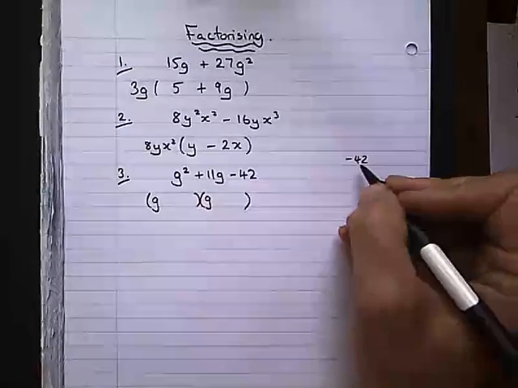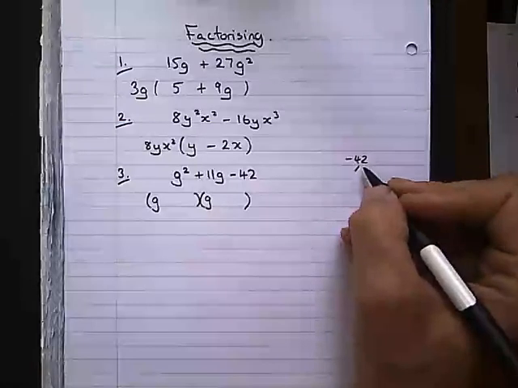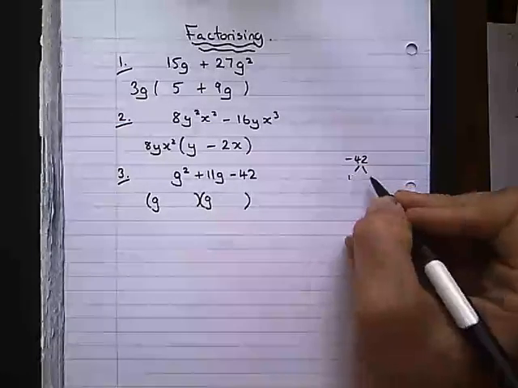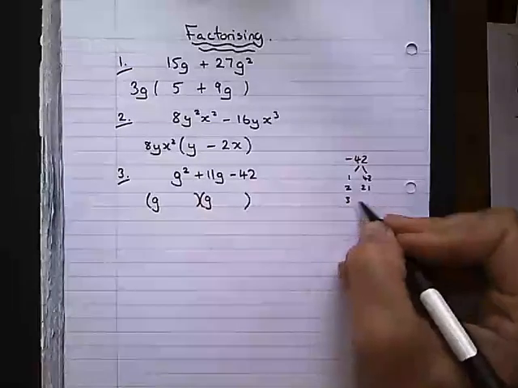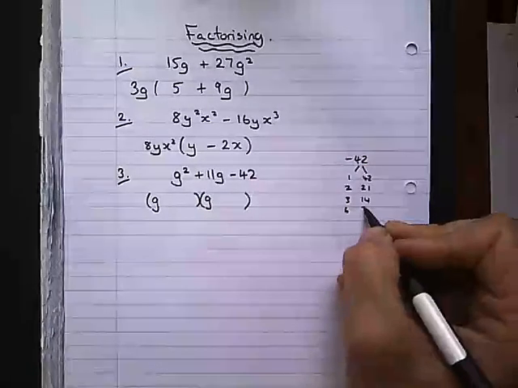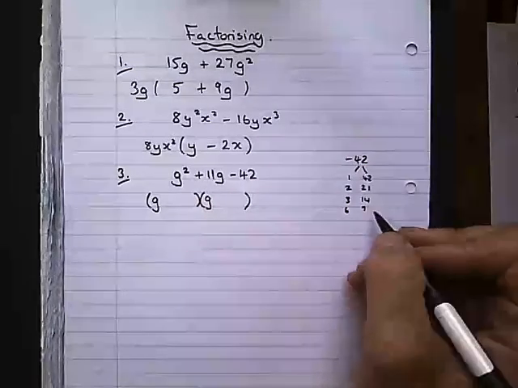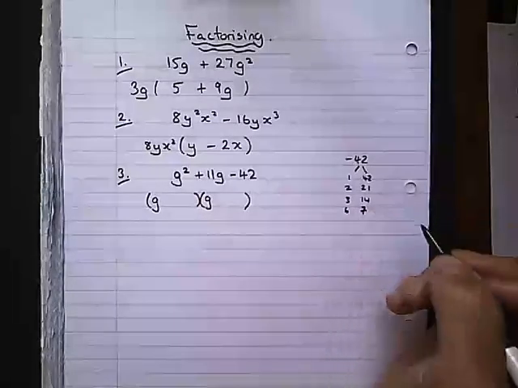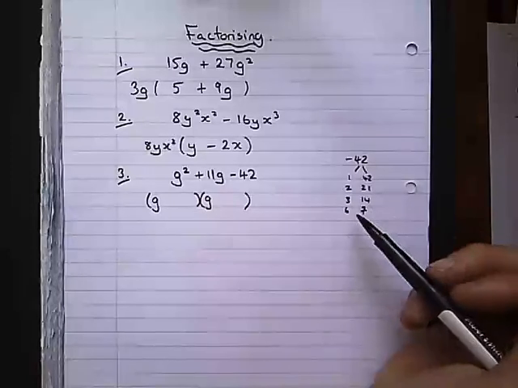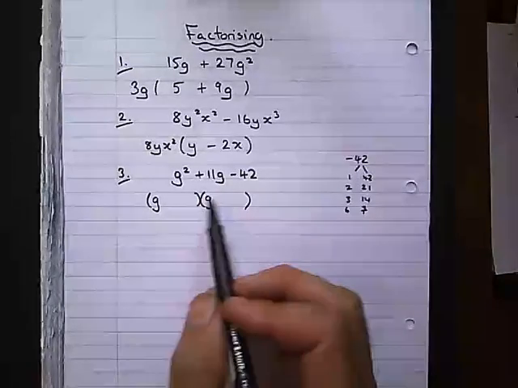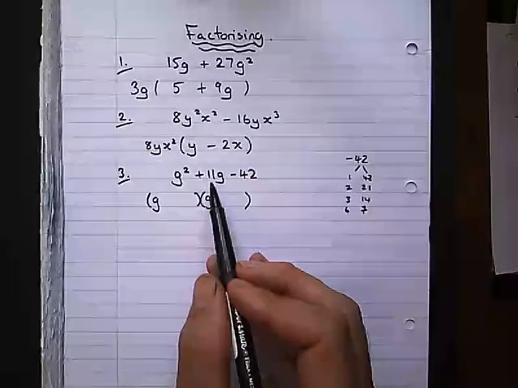So let's have a look at the numbers that multiply to make minus 42. One's going to have to be a positive and one's going to have to be a negative. We've got 1 and 42, 2 and 21, 3 and 14, 6 and 7. If one's a negative and one's a positive, they've also got to add up to make plus 11.